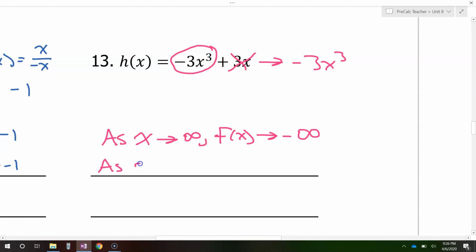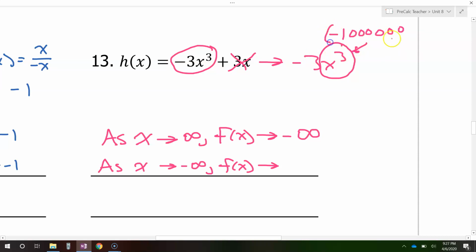And similarly, as x approaches negative infinity, what happens? This part of the function is approaching negative infinity. So we have negative 100 to the third power. If you raise a negative number to the third power, it still is negative. So eventually we'll have numbers like negative 1,000,000 for this part of the function.